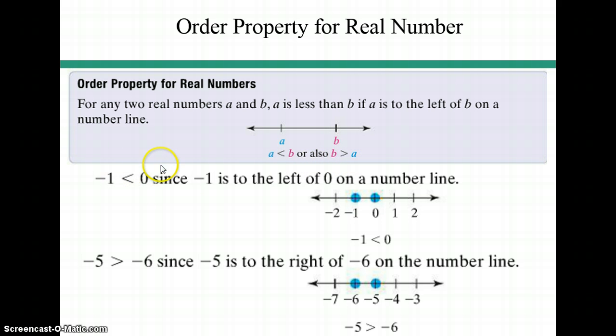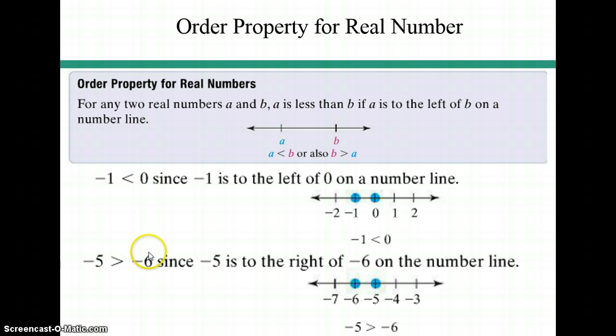Let us see some examples. -1 is less than 0, since -1 is to the left of 0. Look at the number line: 0 is here, -1 is here, and -1 is left to the 0. So -1 is less than 0.